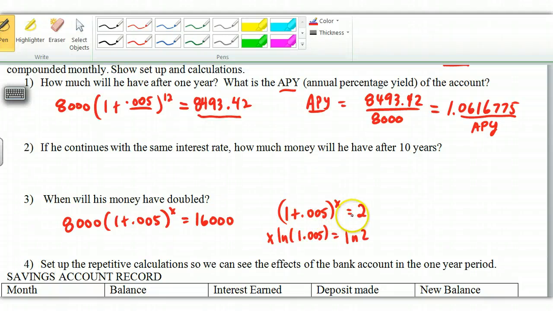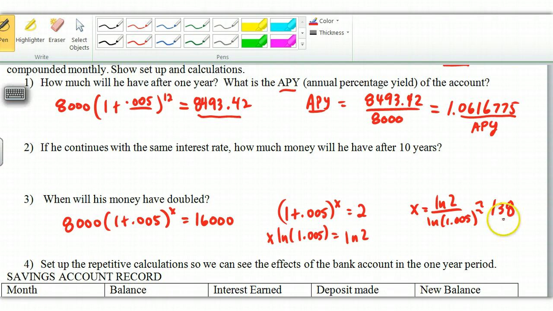So if I set this equal to 2, because I just divided both sides by 8,000, I can take the log of both sides. Doesn't matter if I use base 10 or base e, and then I can bring the x out in front, and then I can just solve for x by dividing both sides by the ln of 1.005. So this is ln 2 divided by ln 1.005, which is approximately 138 and some change.